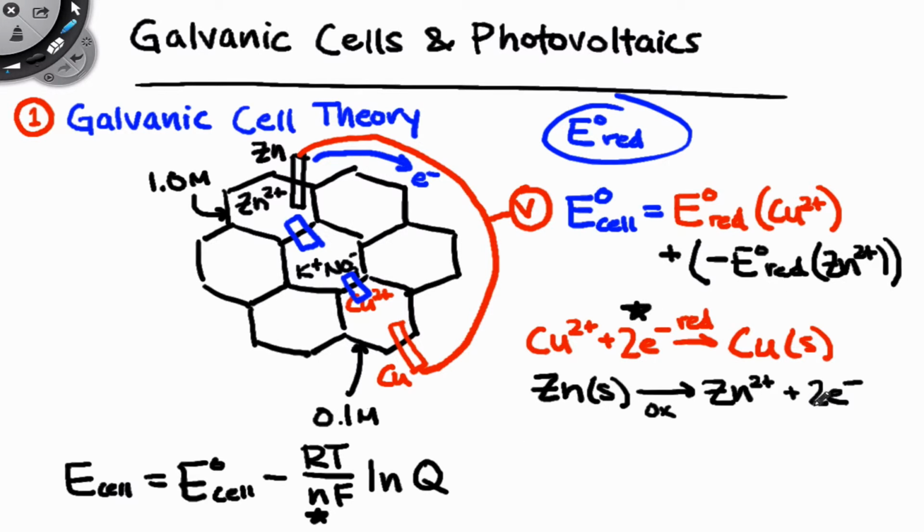And so we can see that 2 electrons are transferred in this redox reaction, and so for this case, N would be equal to 2.